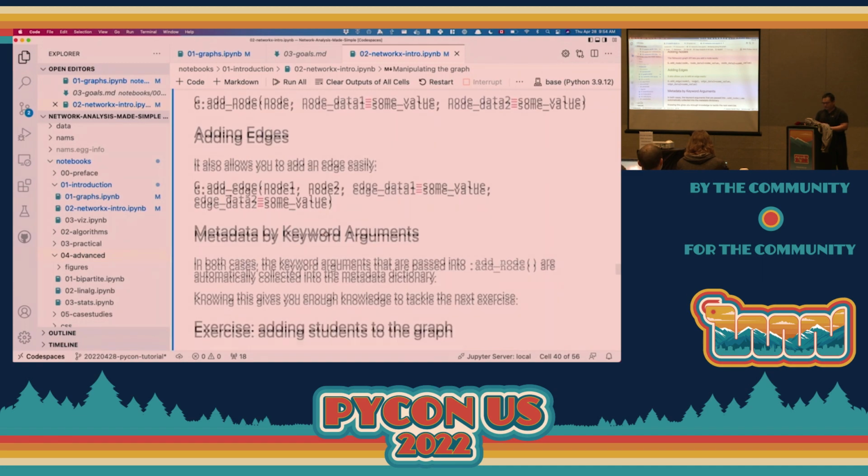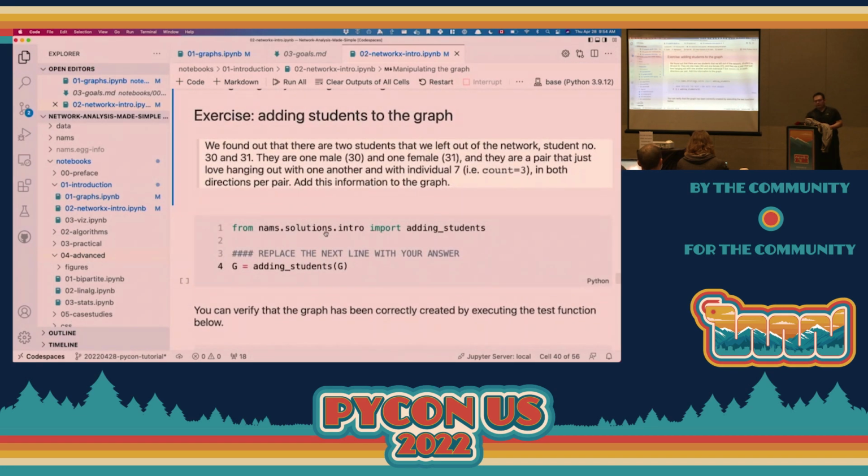All right, cool. So what we're going to do is embark on this exercise down below. In this exercise, we're going to figure out that we've left 2 students out of this network. There are student number 30 and student number 31. One of them is a male student, the other is a female student, so you want to add that information into the graph. And they love hanging out with one another, and they love hanging out with student number 7 as well, right?